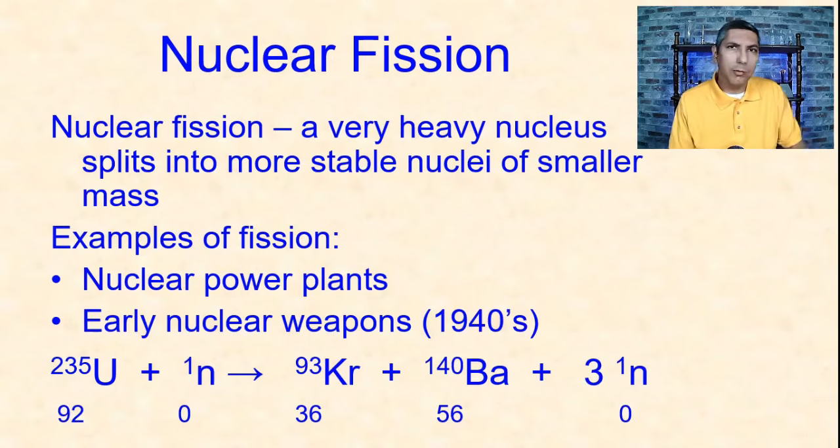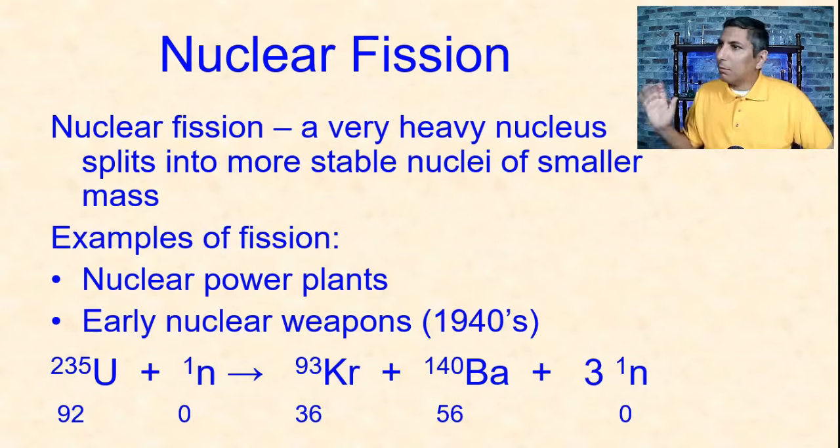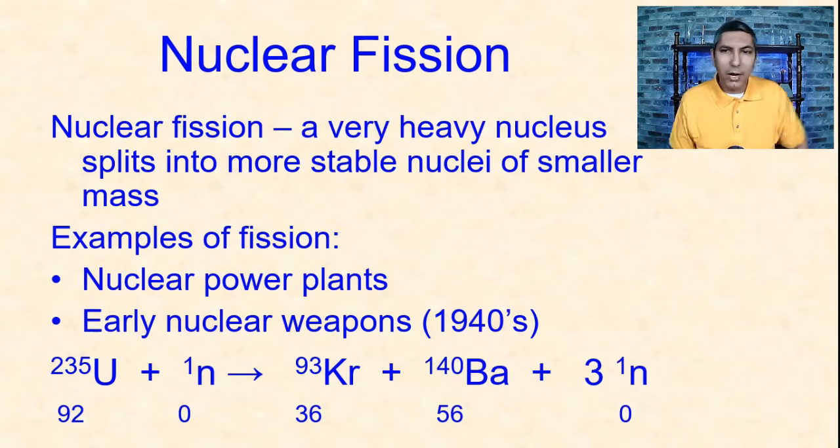You have to do something to split that atom. It's kind of like if you have a window and you want to break that window, you can't just hope that the window is going to break spontaneously on its own. You have to throw a rock at it. And it's the same thing with these fissionable isotopes. You have to throw, in this case, neutrons at the uranium-235 atom to cause it to split.